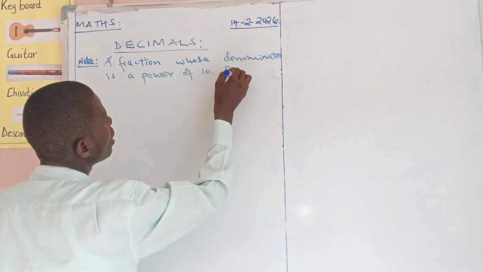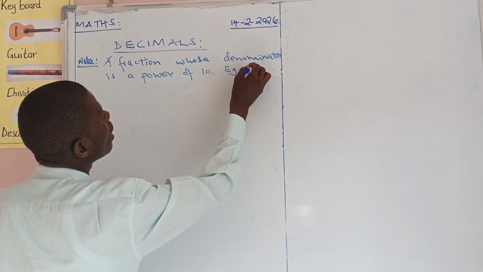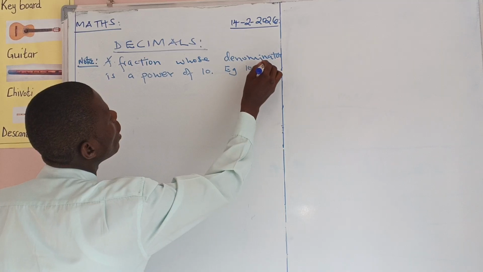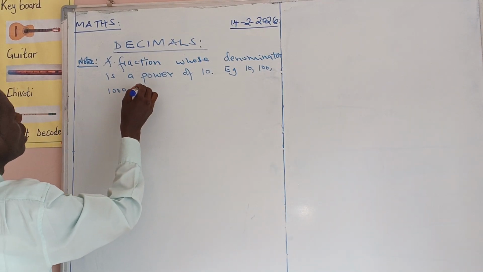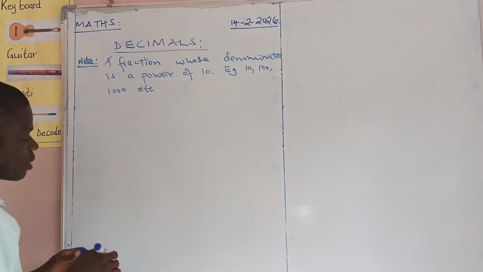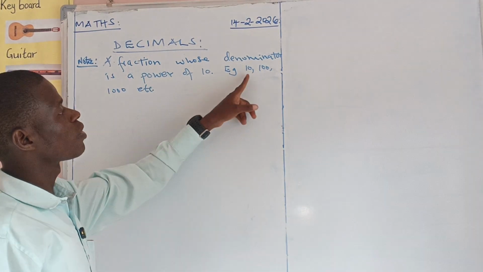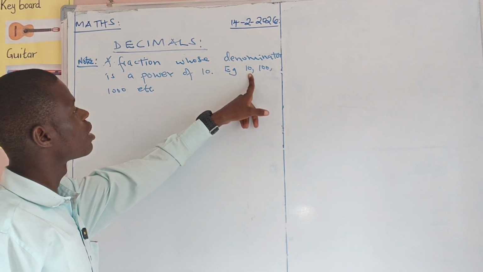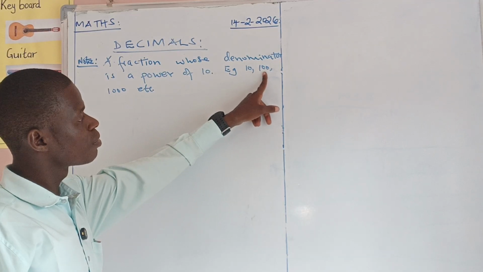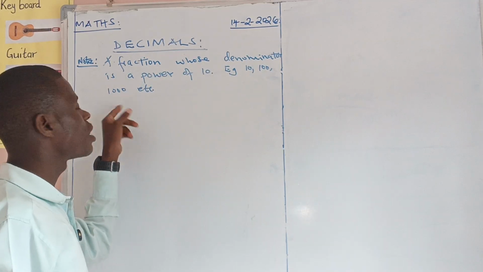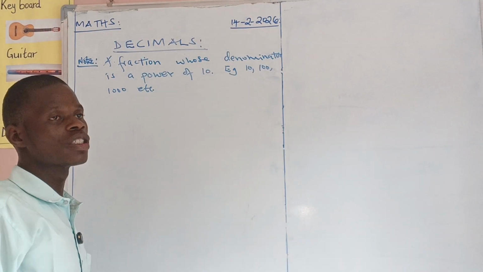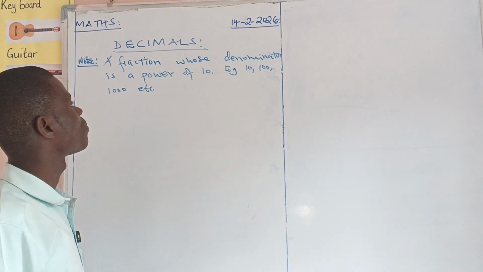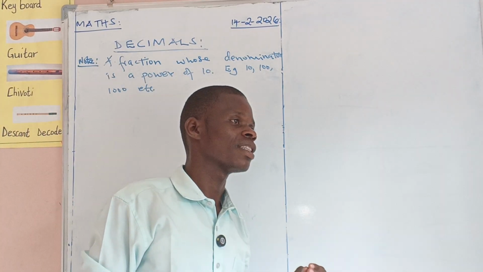For example, powers of 10, we have 10 power 1, 100, which is 10 power 2, 1000, etc. Those are powers of 10. So any fraction whose denominator is 10, 100, 1000, etc. we call it a decimal fraction, or simply decimals. That is what you need to understand.